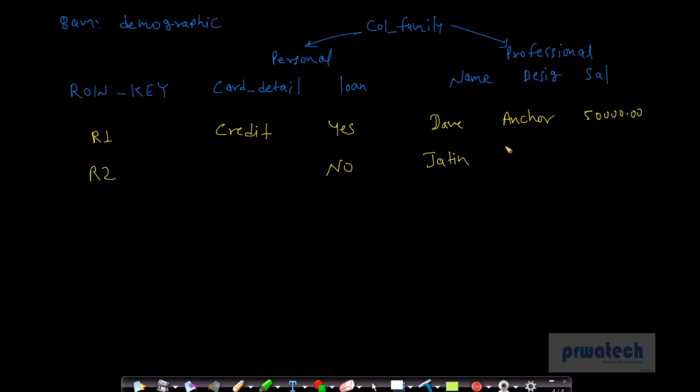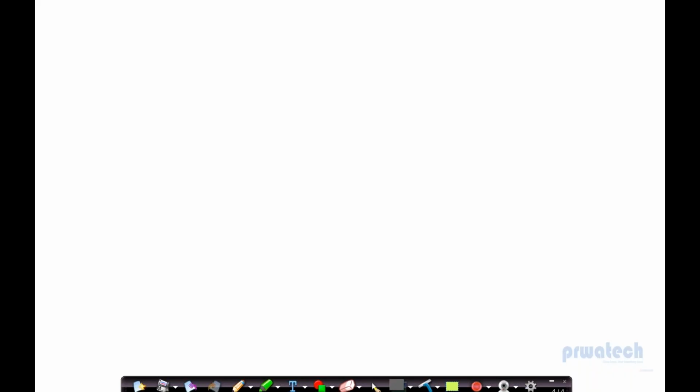Designation is engineer. Salary is 39,000. I'll take one more entry, R3. R3 card detail is saving. I do not know their designation also. So name and salary 27,000.00. This result we want to insert in our table first.